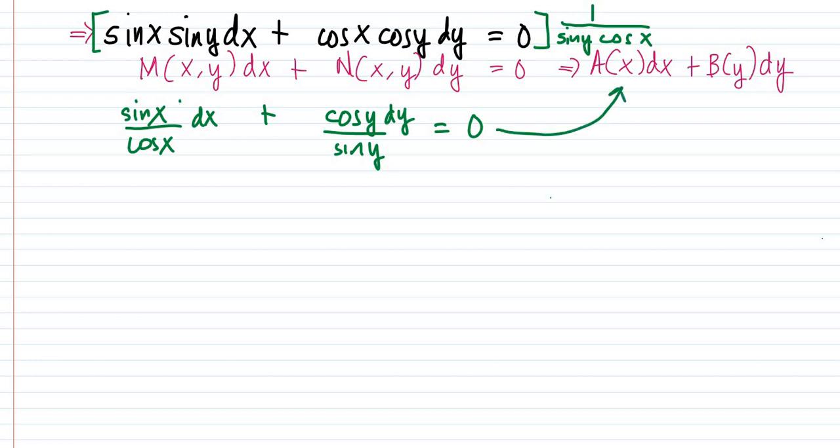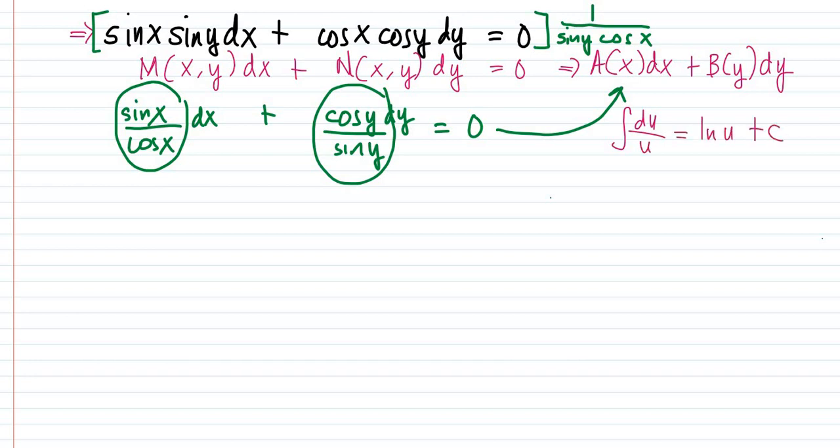We have sin x over cos x as our a(x), and cos y over sin y as our b(y). So we are now in the step where we can integrate. We will apply the integration formula du over u, which is equal to ln u plus c.